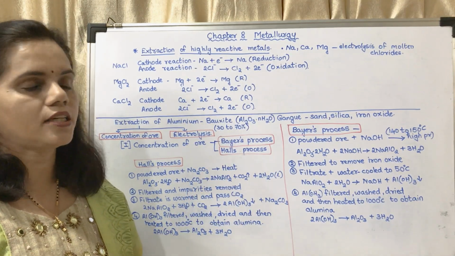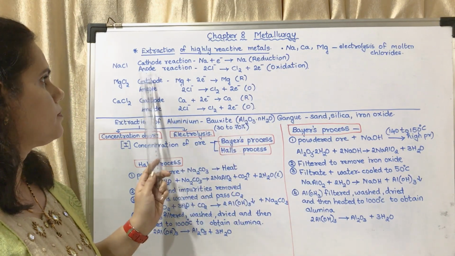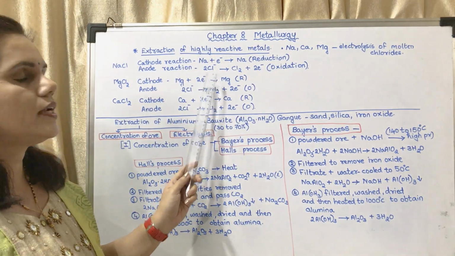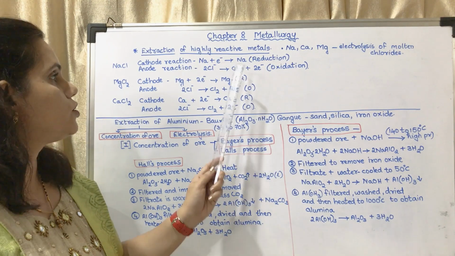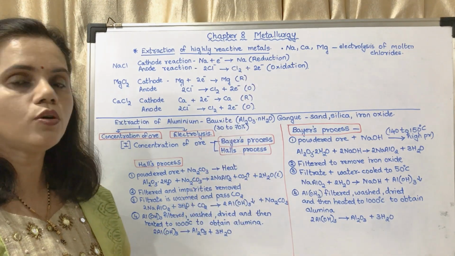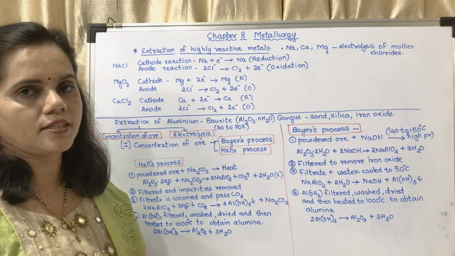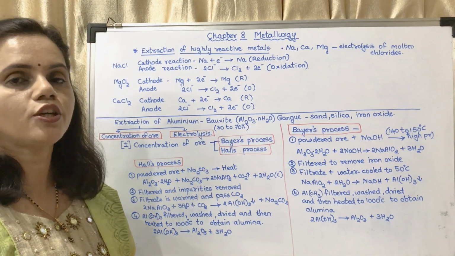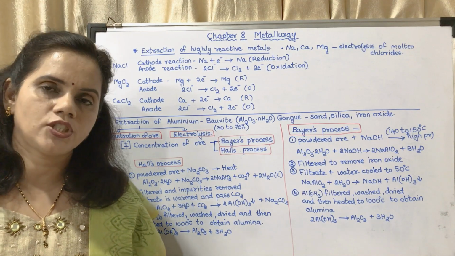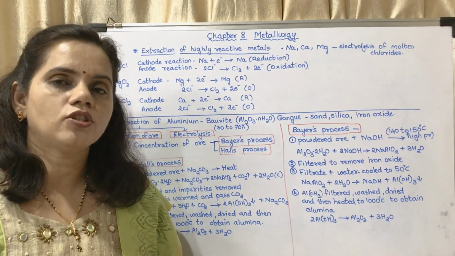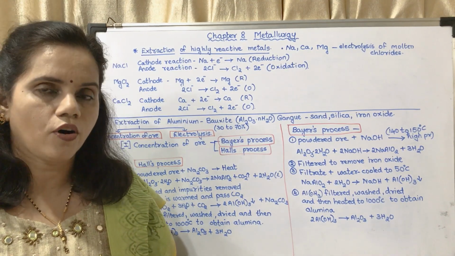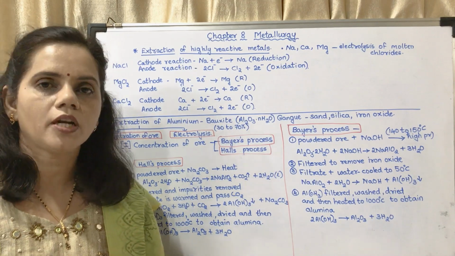As it is gaining an electron, it is reduction. At the anode, the chloride ion will lose 2 electrons, and as it is losing electrons, it is oxidation. These two reactions you have to write if there is a question on the cathode and anode reactions for extraction of sodium from sodium chloride.